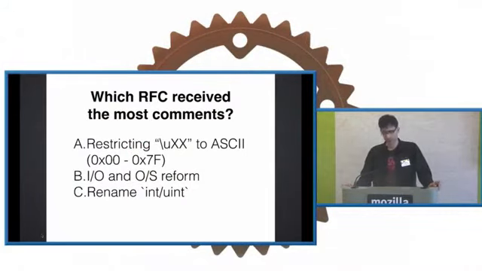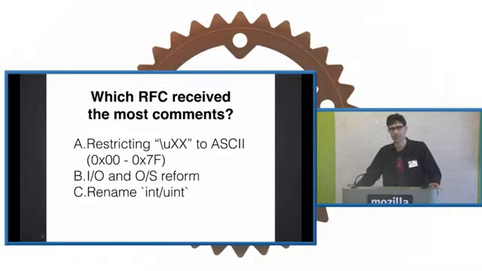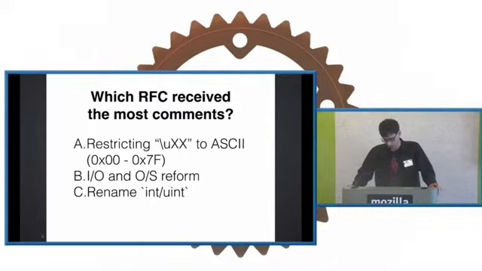All right, which RFC received the most comments of all time? Was it the highly controversial topic of restricting \uXX to the ASCII subset, helpfully delineated here, or I/O and operating system reform, or renaming int and uint to anything else? Yeah, I think you raised your hand first.